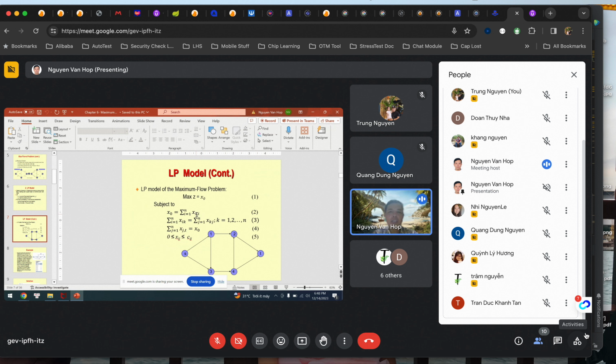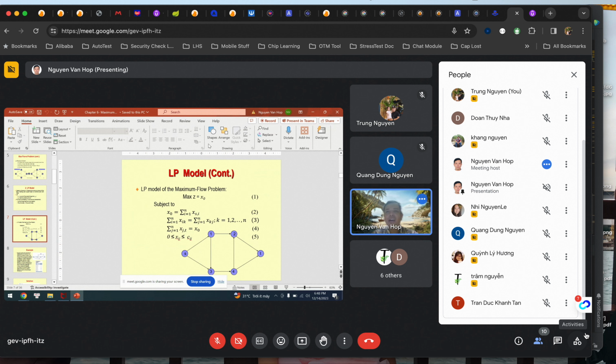In the slide I sent to you, I put SO and ST, but please, to coincide with the graph here, just remove the O and remove S here. We have the source node and the sink node here, and the total flow goes out from the source node.